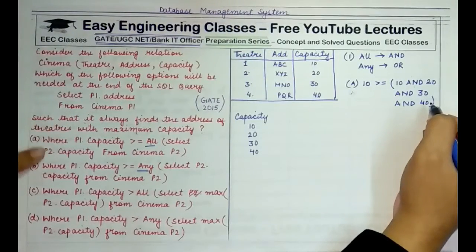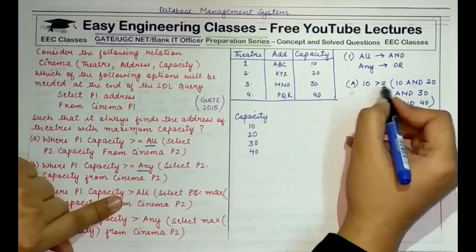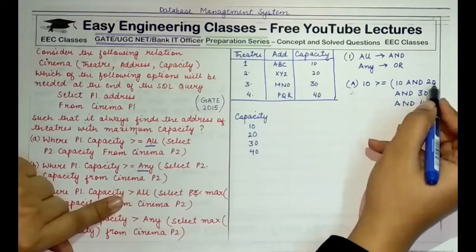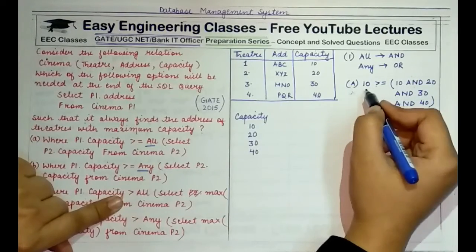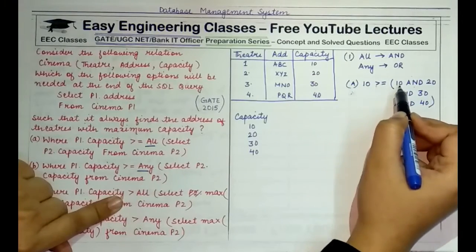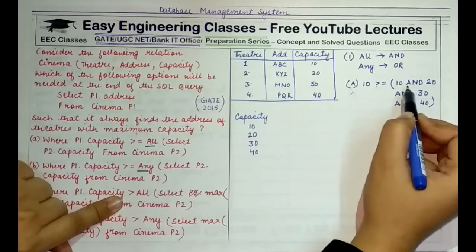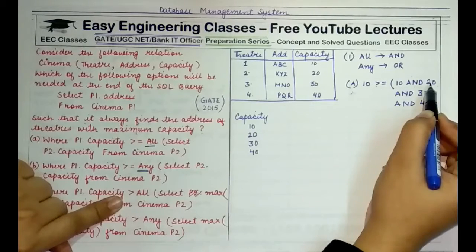So here I have to select that capacity which is greater than or equal to each of these values. When I start with 10, I see, is 10 greater than equal to 10? Yes, it is equal to 10. And is 10 greater than equal to 20? No, it is neither greater than 20 nor equal to 20.